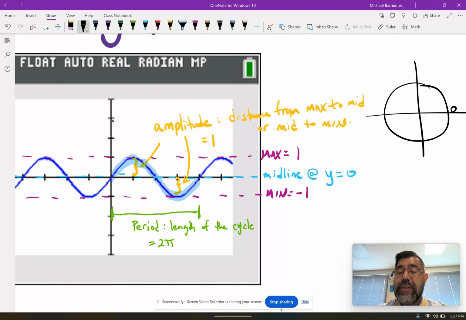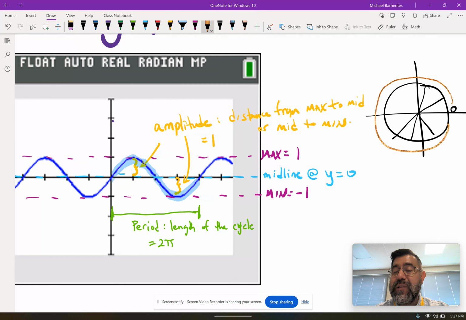we started measuring at 0, and then we kept opening angles all the way. Angle, angle, angle, angle, angle. And if I went all the way around, how many radians was that?